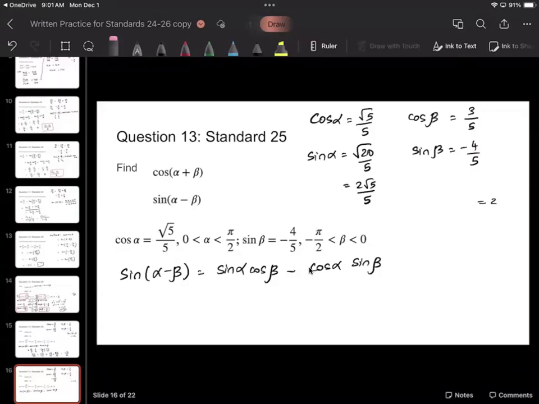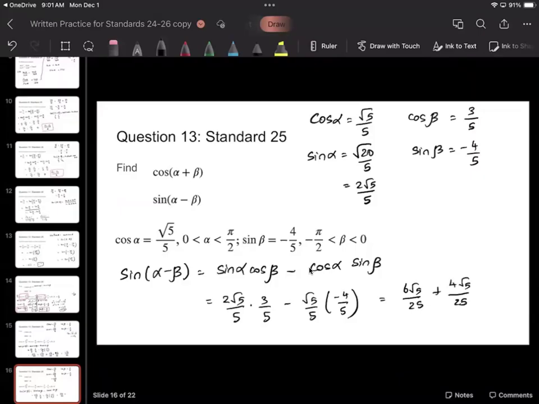So now use these values to rewrite or to evaluate and then check back with me. This is what I got.